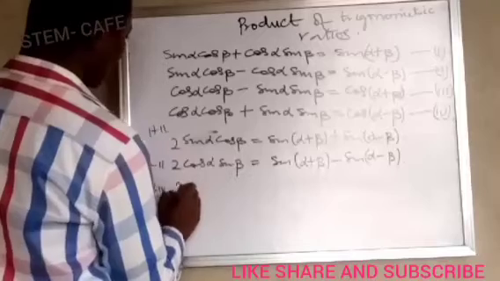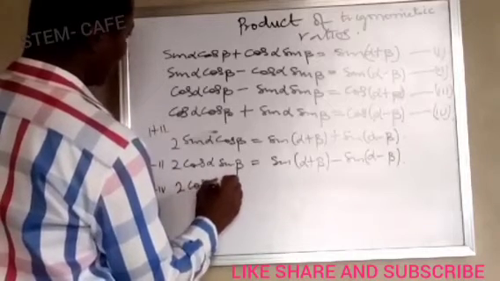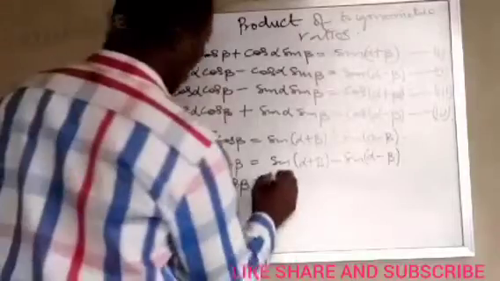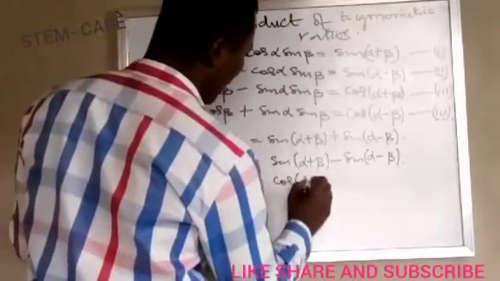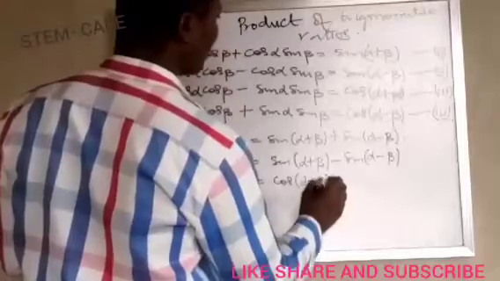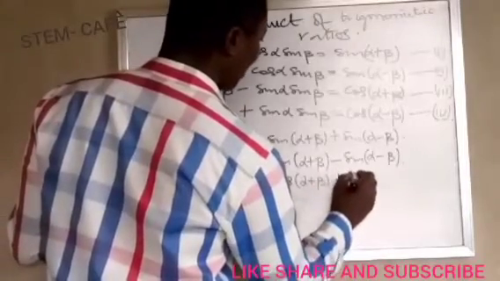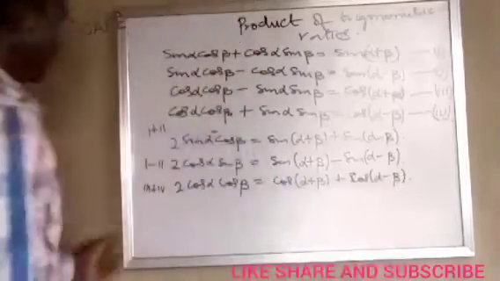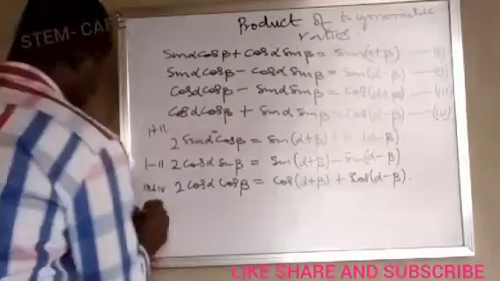So it's going to give me 2 cos alpha cos beta, and that's going to give me cos alpha plus beta plus cos alpha minus beta. Let's subtract equation 4 from 3.